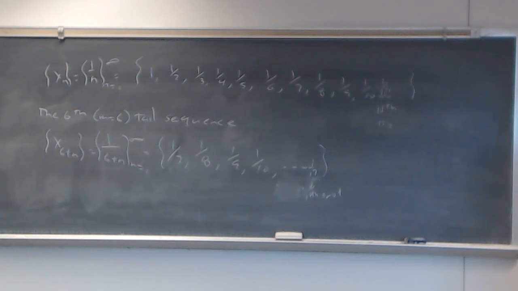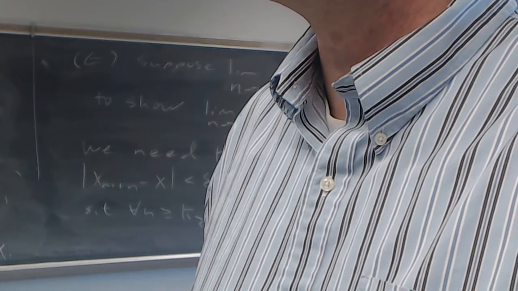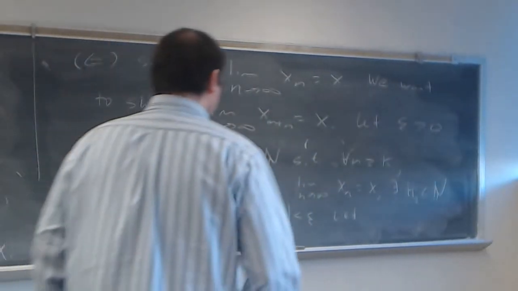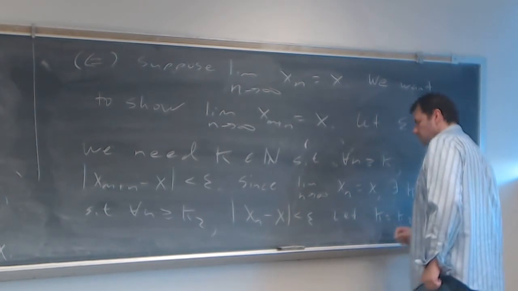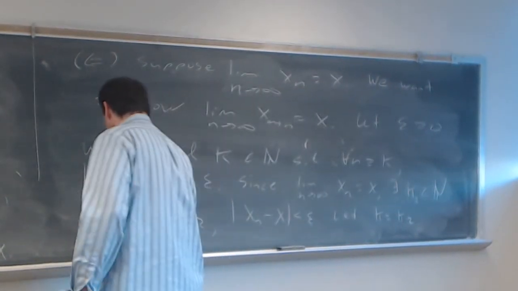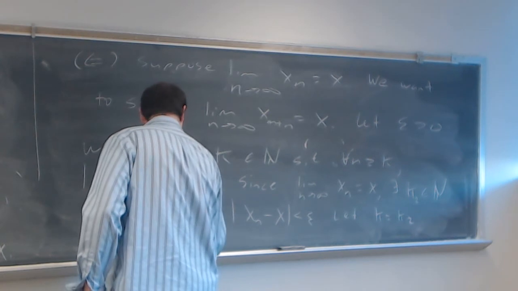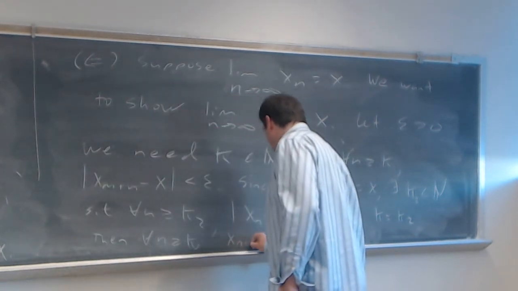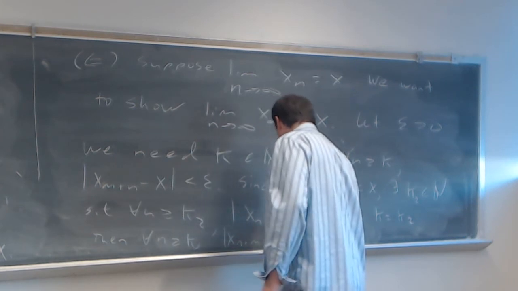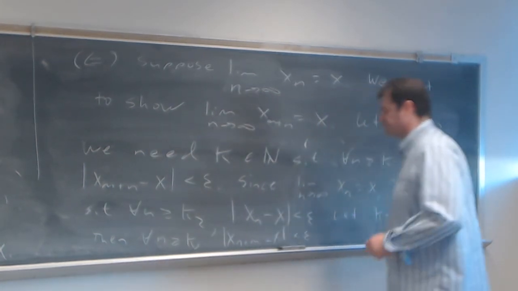So I'm going to say here, we let k equal to k sub 2, then for all n bigger than or equal to k, the absolute value of x sub n plus m minus x will be less than epsilon.